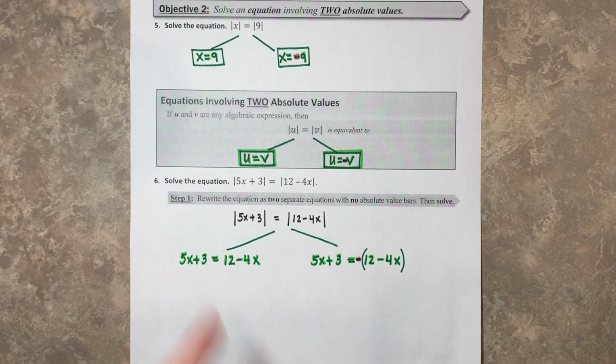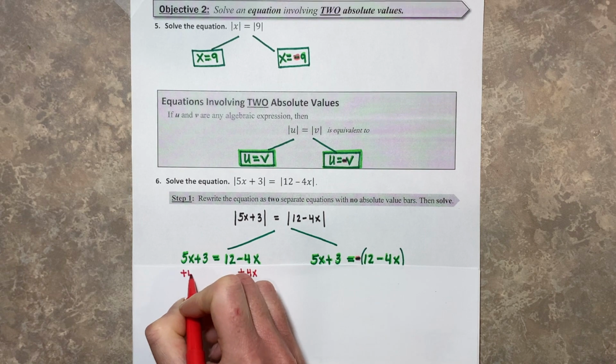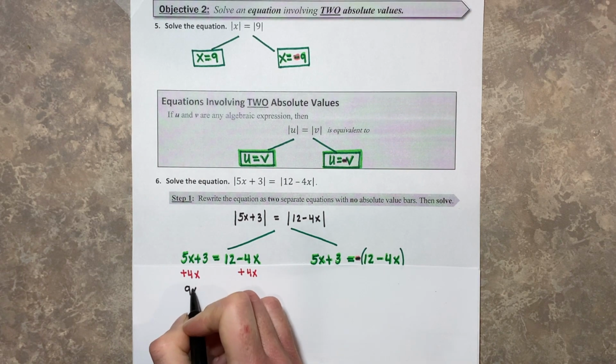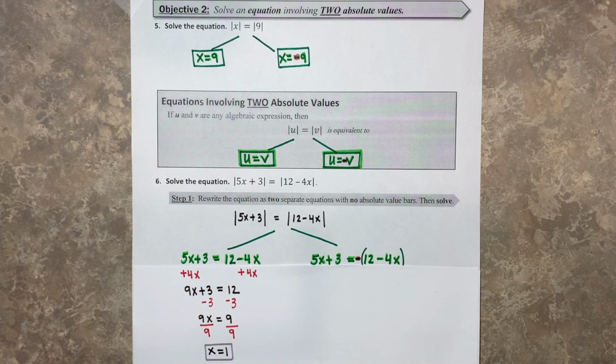I'll start by solving this equation on the left. So when we solve this equation, we get x equals 1. Now let's solve the equation on the right, and let's start by distributing this negative.